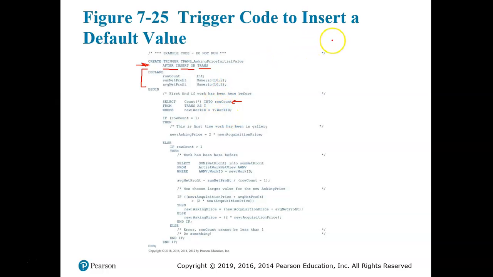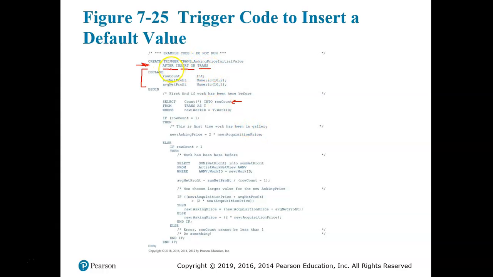If we are inserting a default value, what we are doing here is calculating the number of copies of this ID, of this work. If row count is equal to 1, then this is the first time the work has been in the gallery. Why?